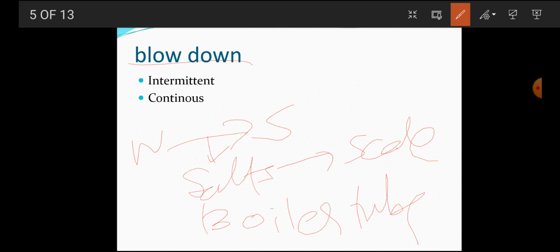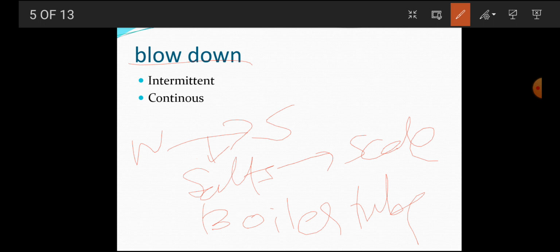So the maximum amount of TDS concentration permissible in various types of boiler are, for a Lancashire boiler, maximum TDS is 10,000 ppm. For smoke tube and water tube boilers it is around 5,000. Then low pressure boilers 2,000 to 3,000.